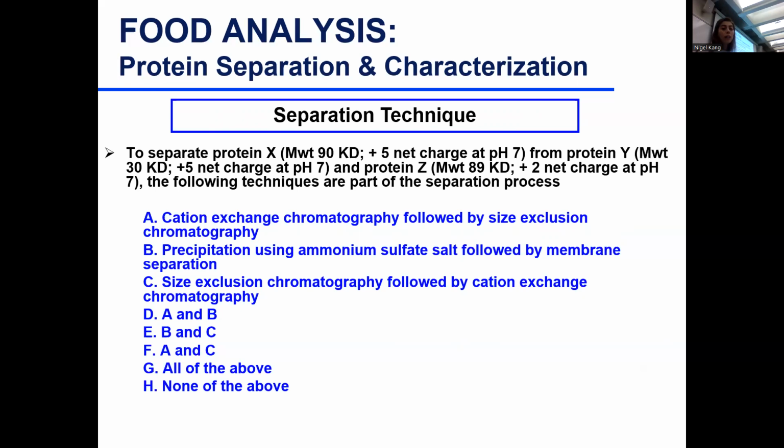The following techniques are part of the separation process. A: cation exchange chromatography, followed by size exclusion chromatography. B: precipitation using ammonium sulfate, followed by membrane separation. C: size exclusion chromatography, followed by cation exchange chromatography. What do you think?